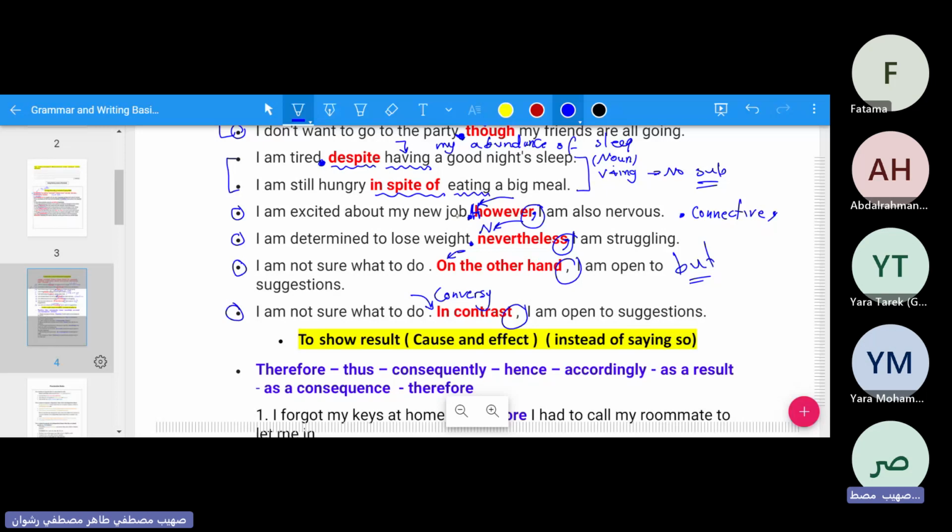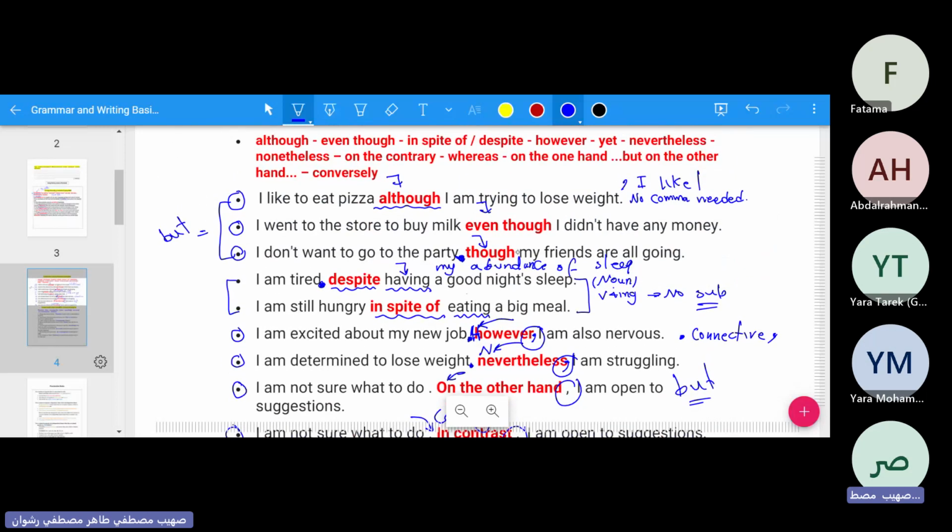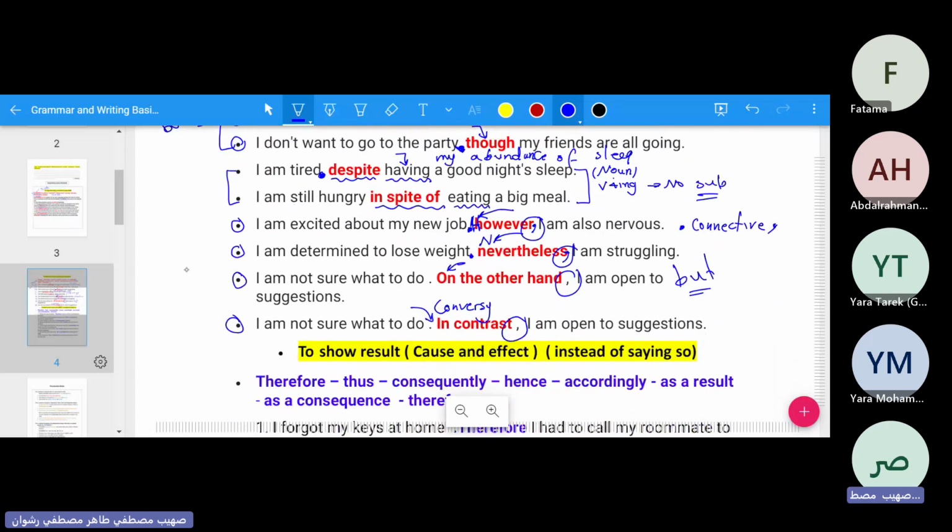Okay, so we have 3 rules here. Rule number 1, using although, even though, though. This is the same rule as any subordinator we studied last time. Okay, rule number 2, using despite, in spite of, followed by what? A noun phrase or a verb and ing, like despite having, in spite of eating.